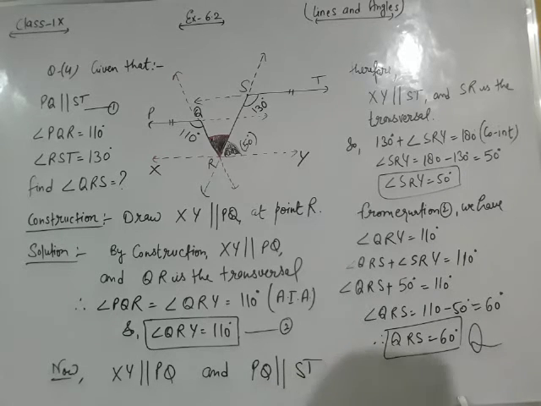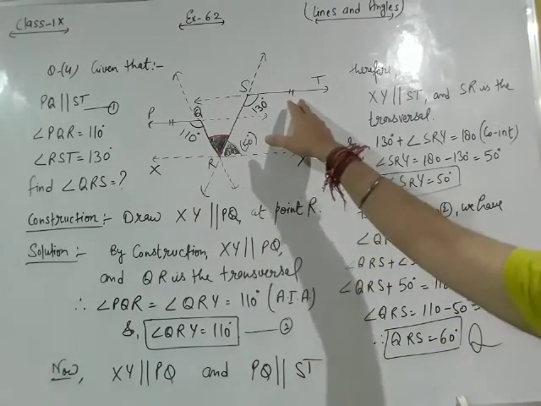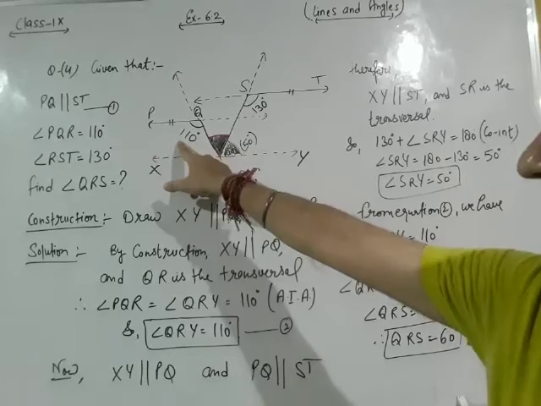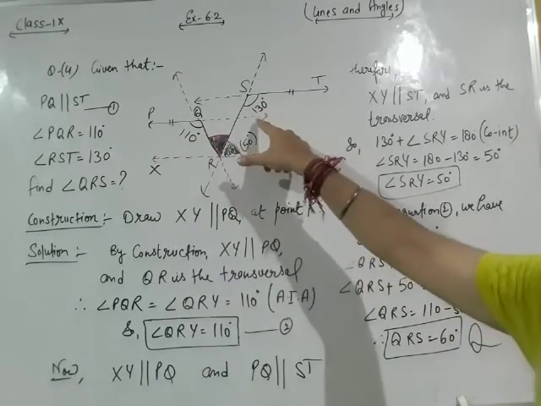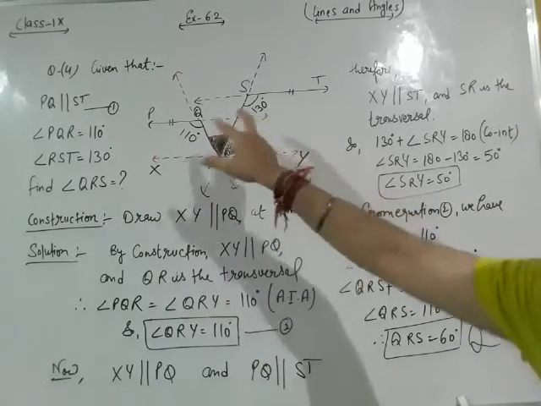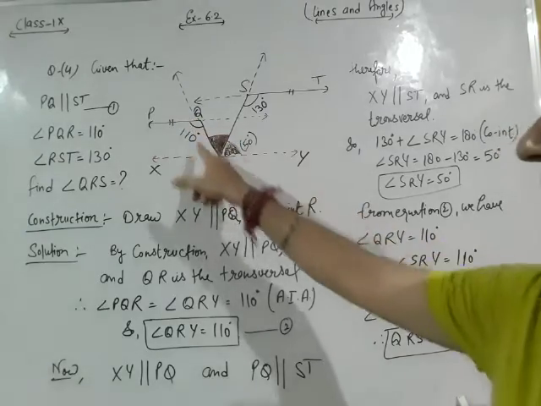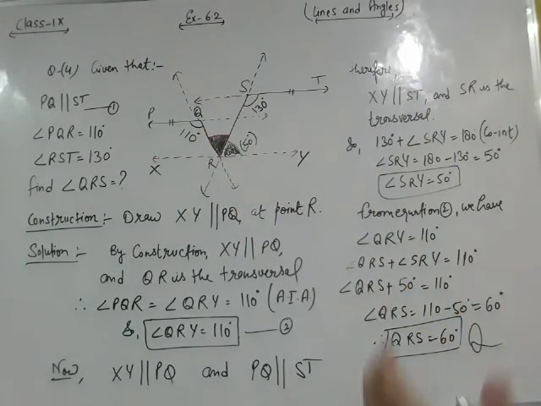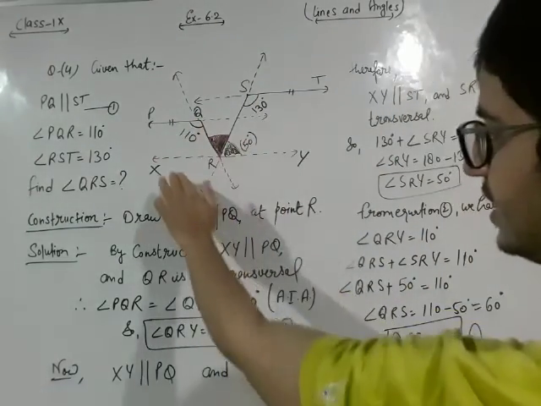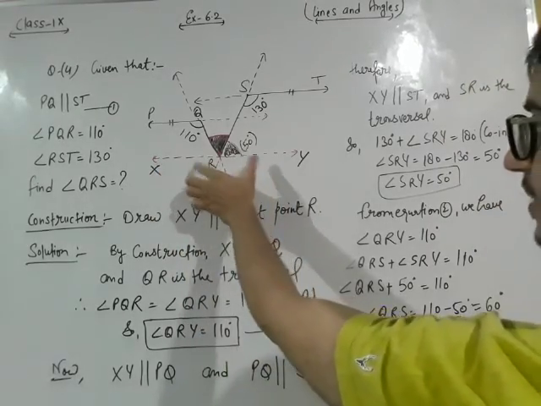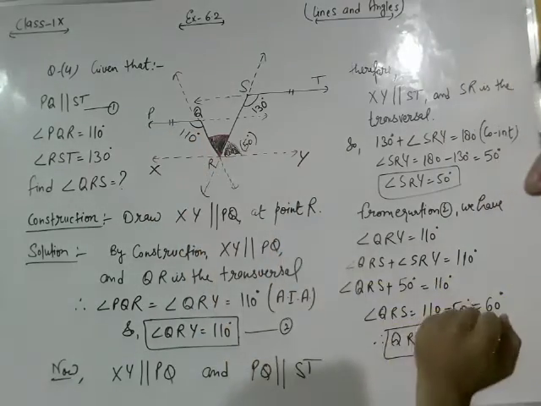Now I am repeating. In question number 4, PQ is parallel to ST. This is given, 110 and angle 130. These two angles are given and we have to find angle QRS. So in order to find angle QRS, we have drawn a line XY parallel to PQ at point R. Right?